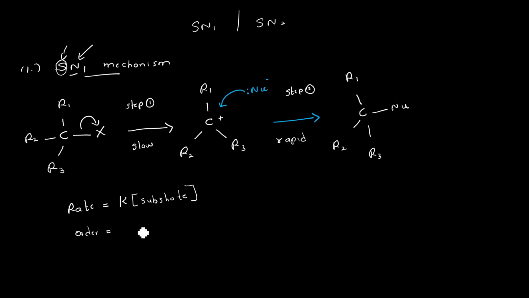The order is 1, and that's represented in this number. This is a first order reaction. SN1 means substitution first order reaction. So you can sense it: if you see SN1, it means only one species is there in the rate determining step.